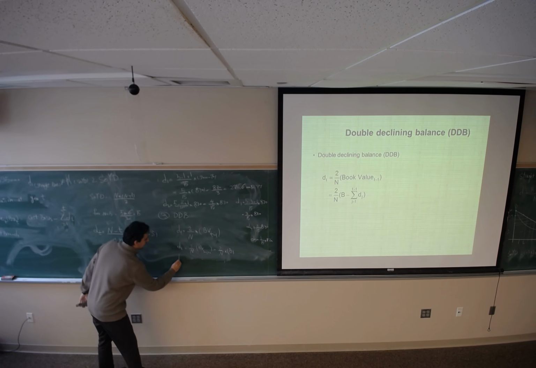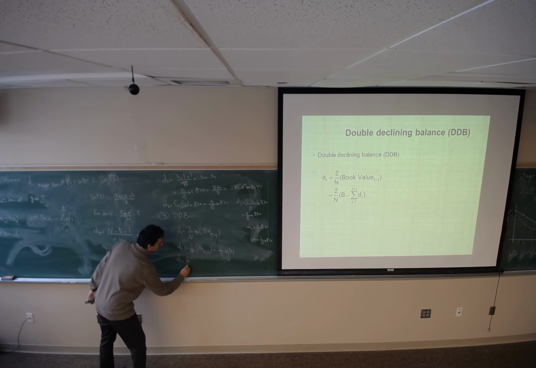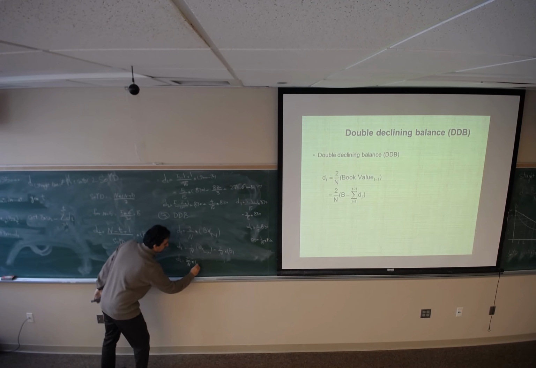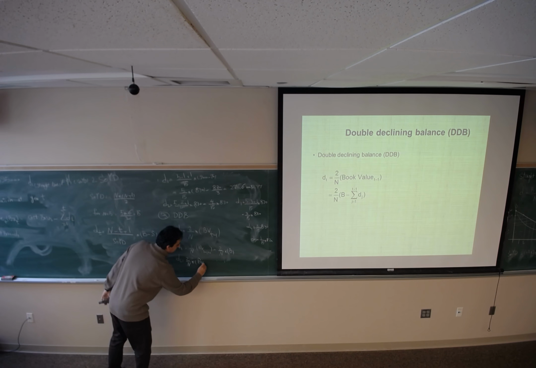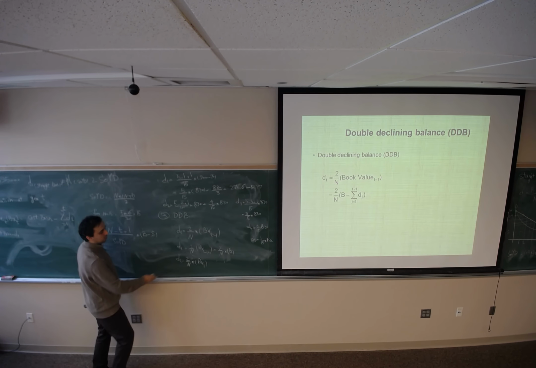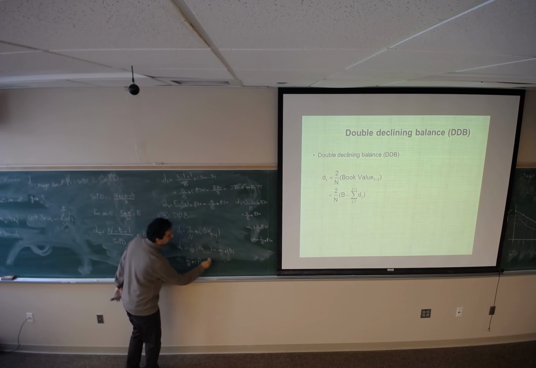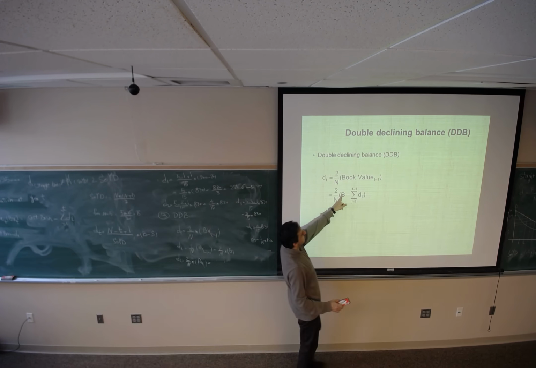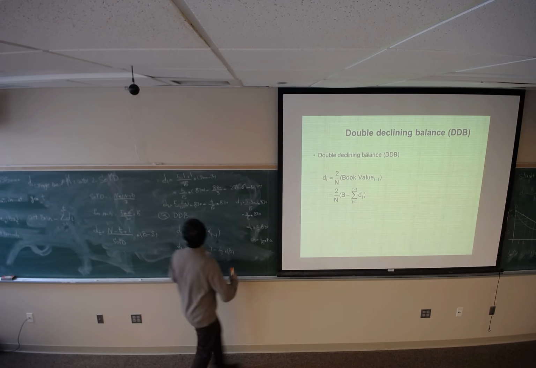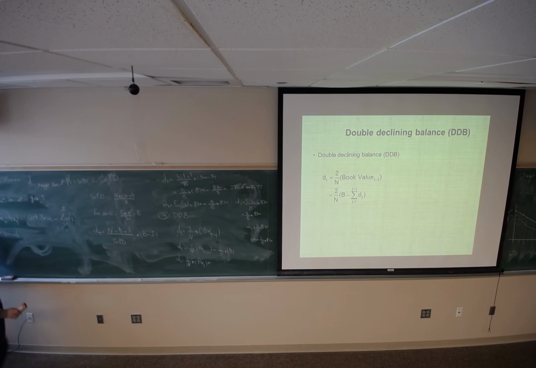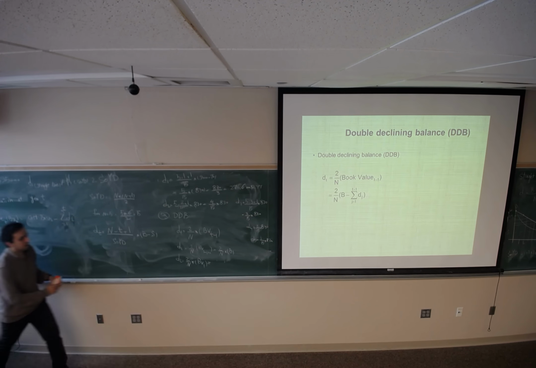And D2 would be 2 divided by n times the book value at time 1. Book value at time 1 means B minus D1, whatever the cost basis is minus D1.